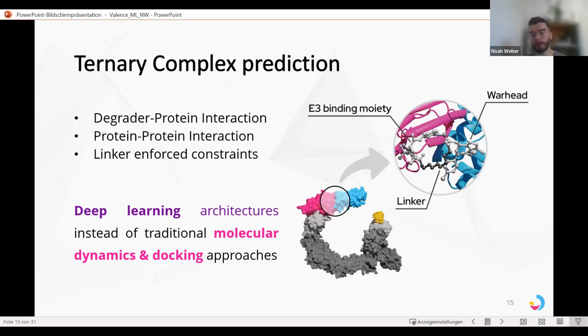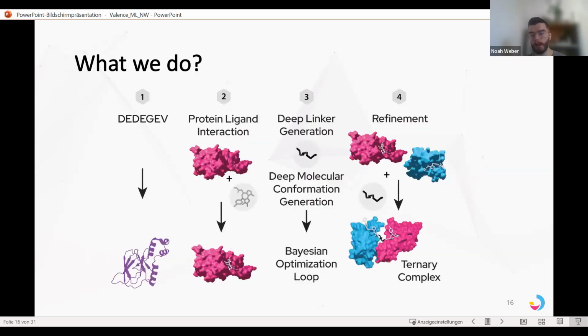Here I wanted to outline the different types of interactions and constraints that we needed to take into account. And I would claim that from a high level point of view, the whole story can be summarized in 4 steps that we need to partake, and I'm going to explain all 4 of them. The first one is, I would say, the simplest one, where we need to determine the protein 3D structure.